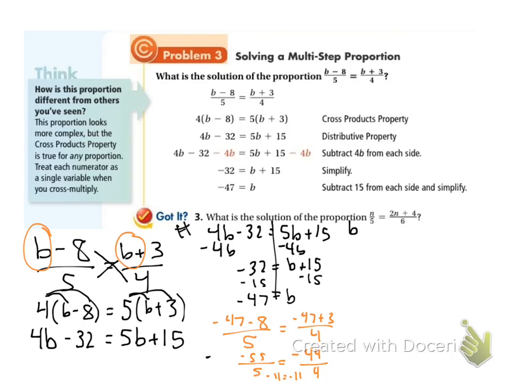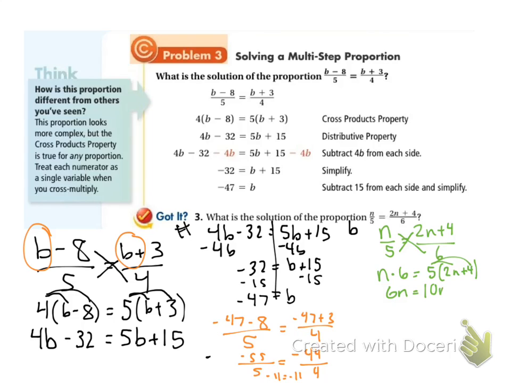Okay, with the little room we got left over here, why don't we try the got it problem? N over 5 equals 2n plus 4 over 6. So I'm going to cross multiply. N times 6 equals 5 times 2n plus 4. N times 6 is just 6n. We like to put the number in front. And then I'll distribute my 5 in.